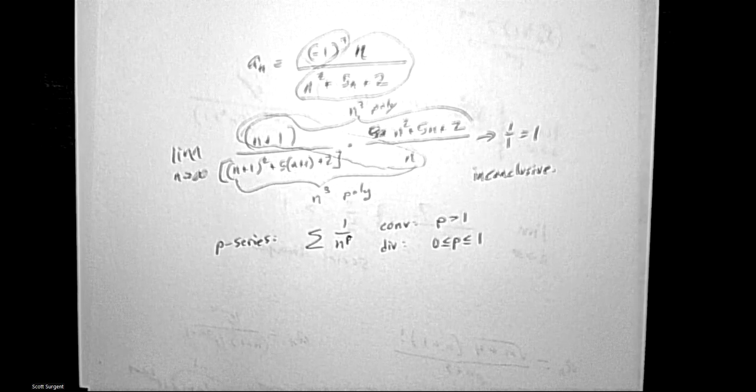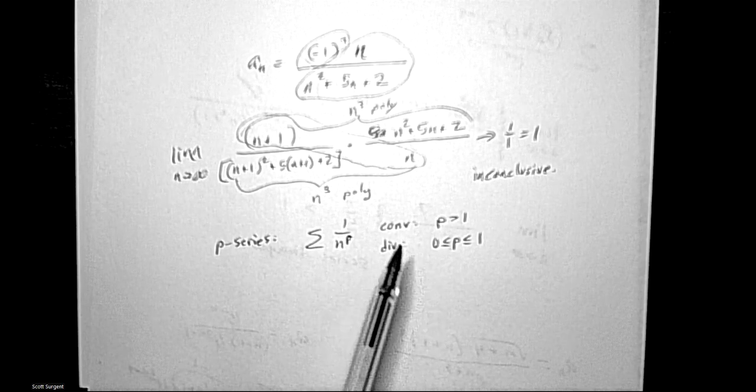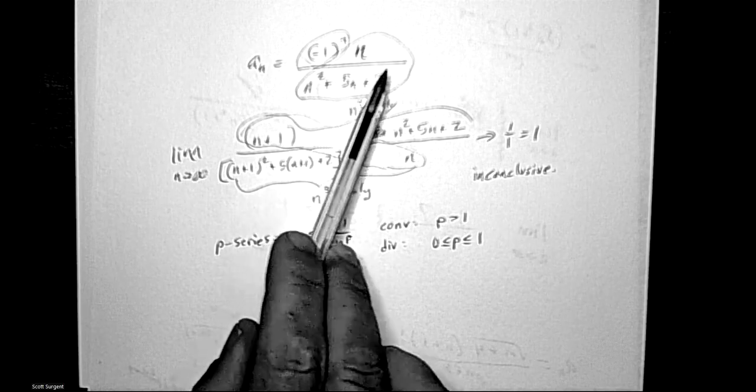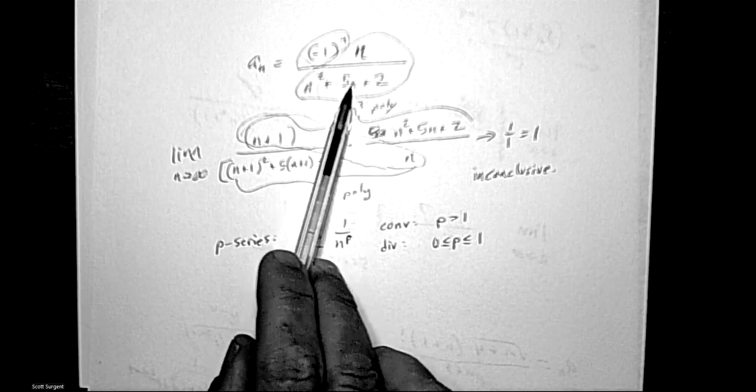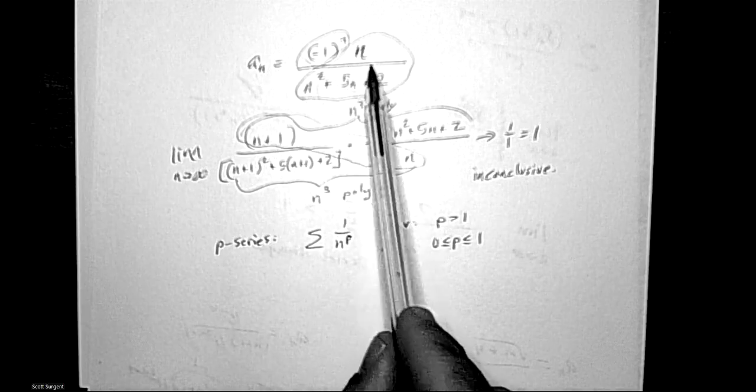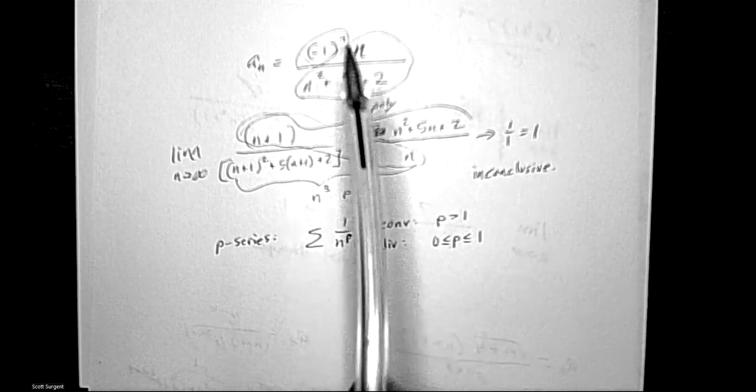So in this case, what I would do is look at what I have here and pretty much ignore all the subsequent terms, because the leading terms are going to dominate.